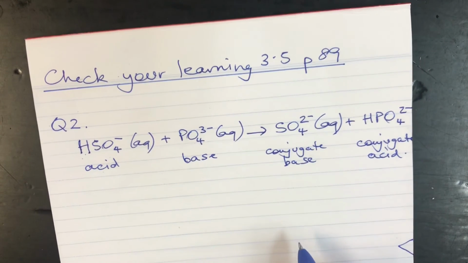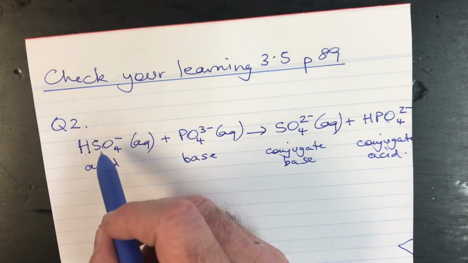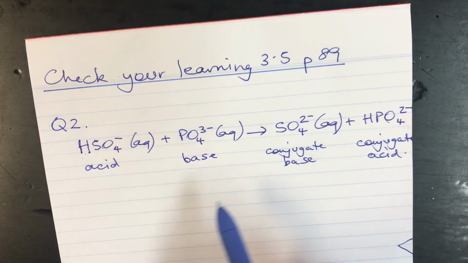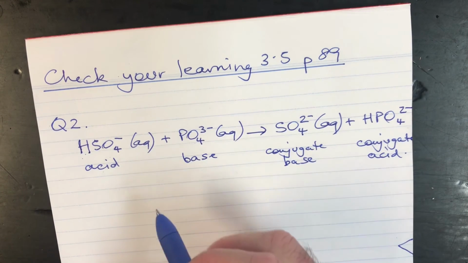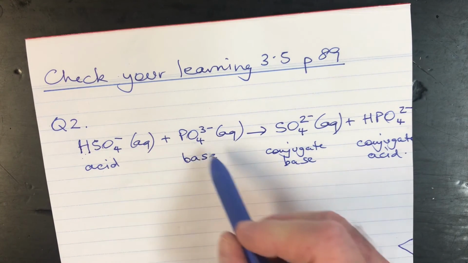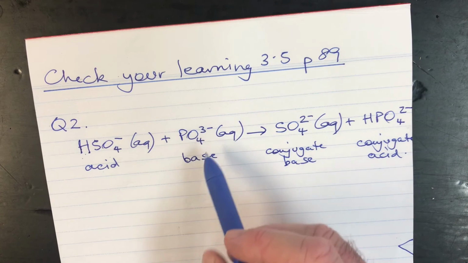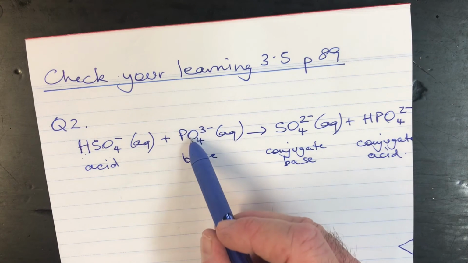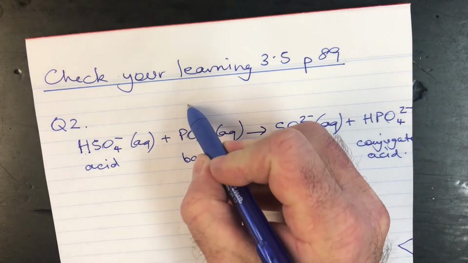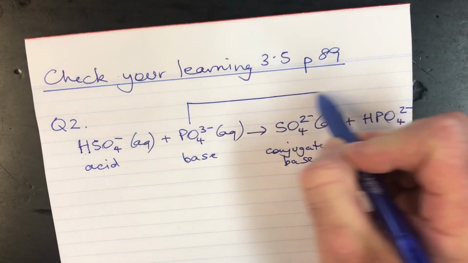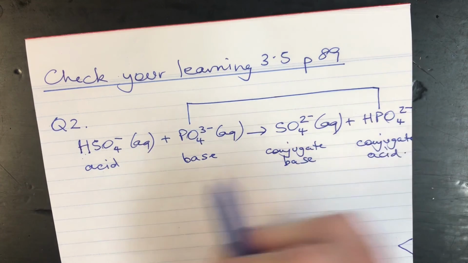One last thing though, we often use brackets to link the two, and that's an easy process as well. We'll link these two first. Basically, it's easy to link the two that we want because the phosphate is linked with the phosphate over here.